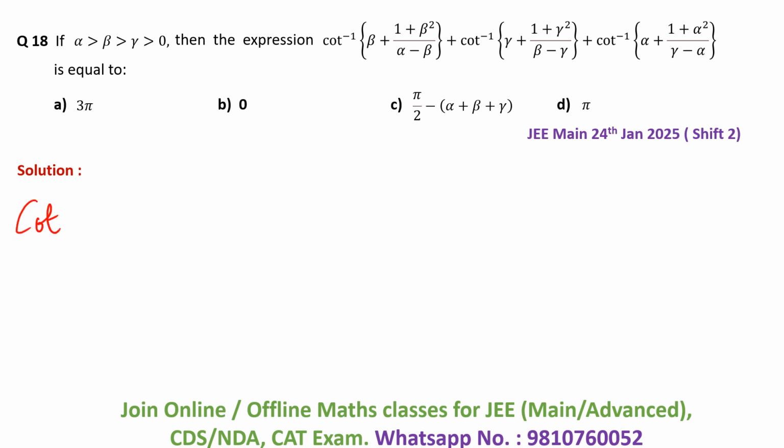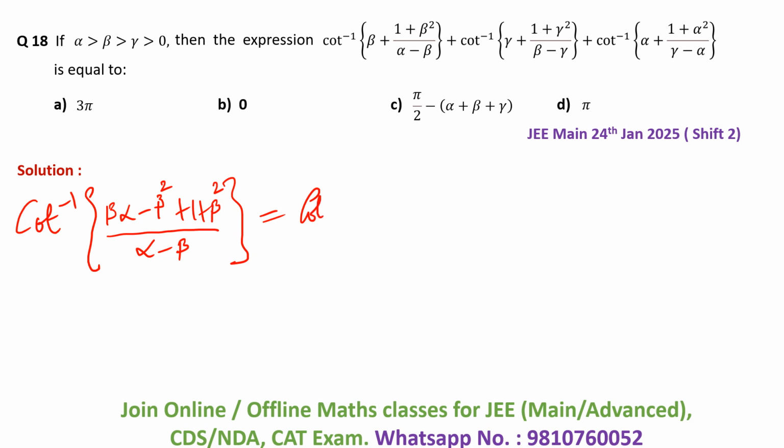This is cot inverse of, inside the bracket, just take the LCM of the denominators. It is alpha minus beta. In the numerator, it will become alpha beta minus beta square plus 1 plus beta square. Now this becomes cot inverse of (1 plus alpha beta) divided by (alpha minus beta).